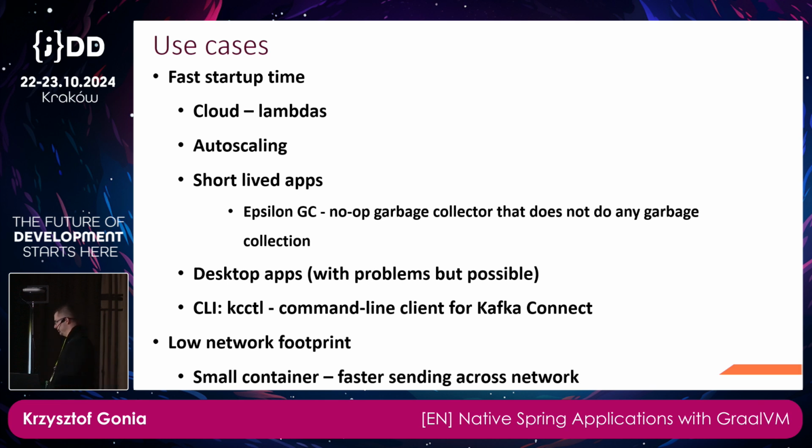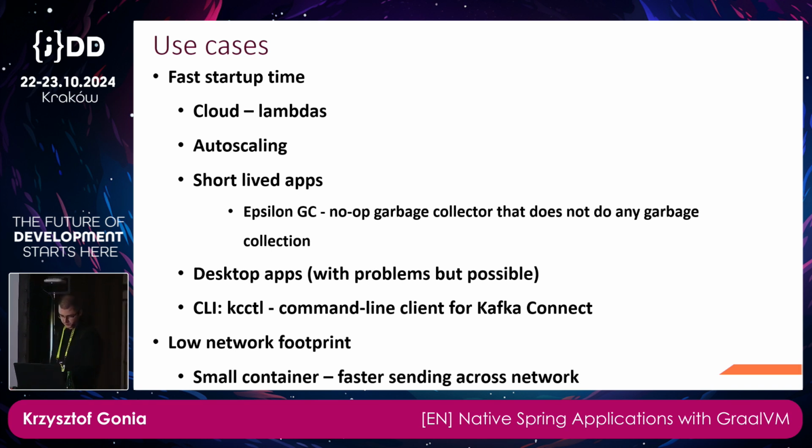If you do some cloud stuff, you probably know that with Java Lambdas the biggest problem is the startup time. So you can reduce it by compiling to native. Auto scaling: when you have a big load on your app and you want to quickly create new nodes, native will be faster to start up new nodes.